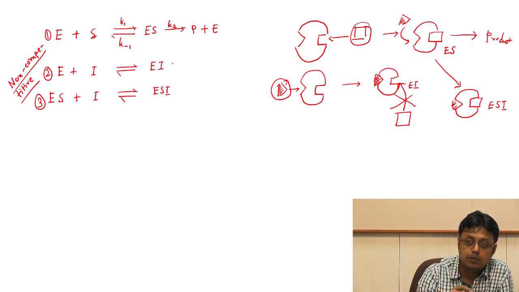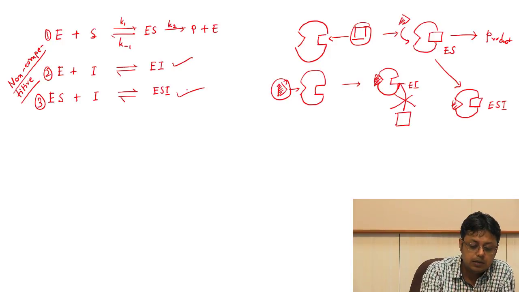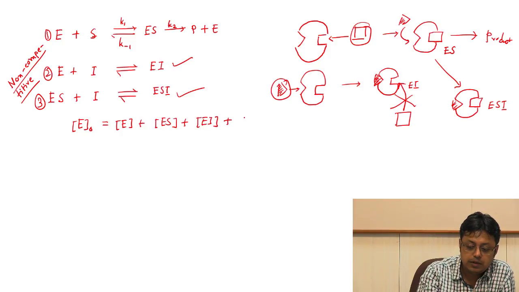You can write an equilibrium constant also for this equation and do the material balance very carefully, because you remember that for this case E0 will be the free enzyme concentration plus some enzyme substrate concentration plus some enzyme inhibitor concentration plus some enzyme substrate inhibitor complex concentration.